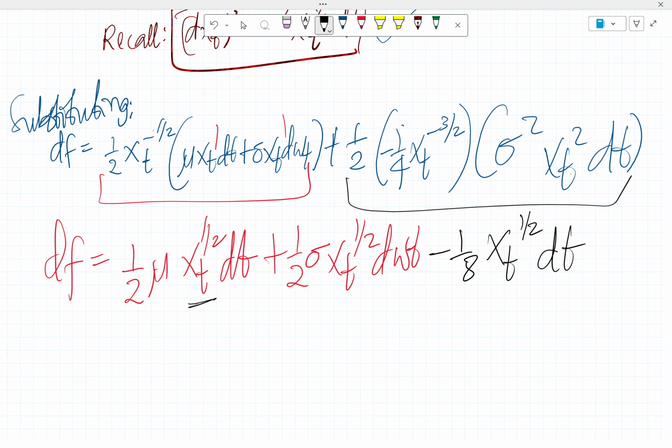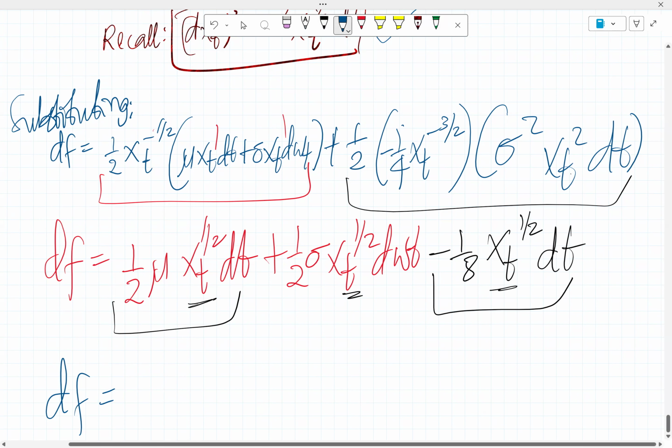So again, this is square root of xt, and this is square root of xt. This is also square root of xt. So we can try to tidy things up. This one and this one have something in common, so I can rewrite those as df.